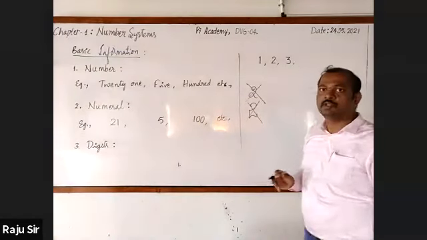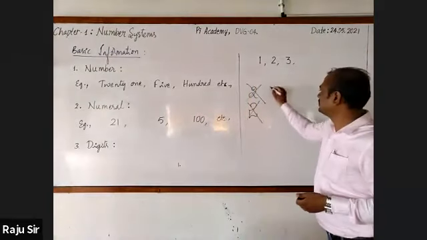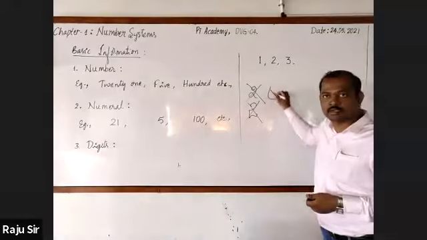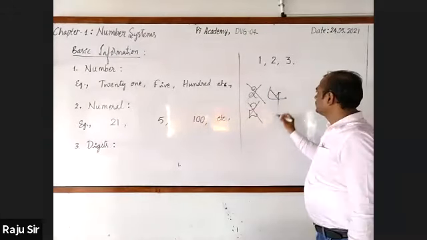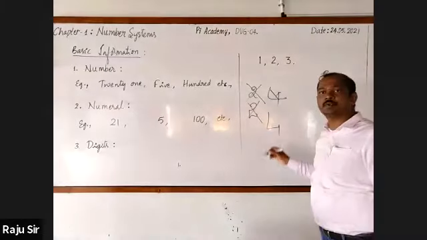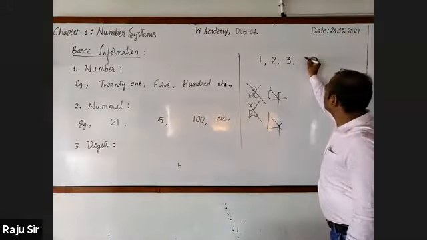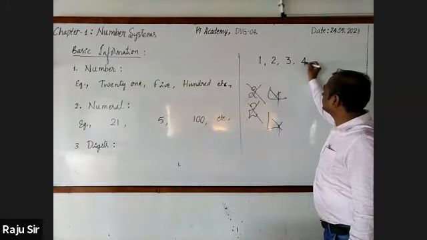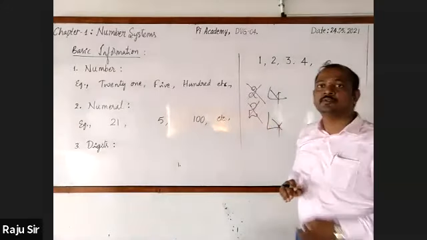Next, 4. Many students will write 4 in different ways. Some will write like this, it is wrong. Some will write in this way, this is also wrong. The internationally accepted symbol is the same, like an angle and a vertical line. It is 4. Next, 5.